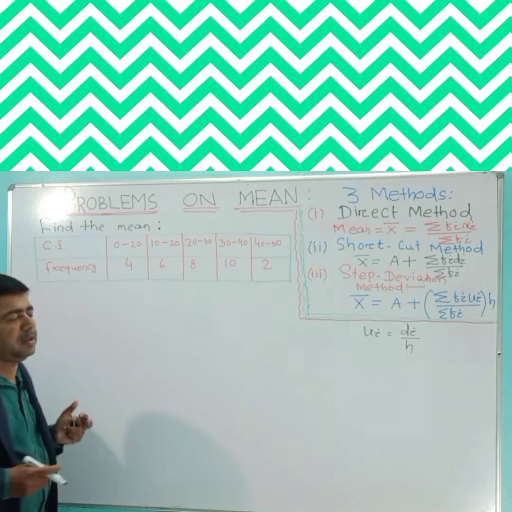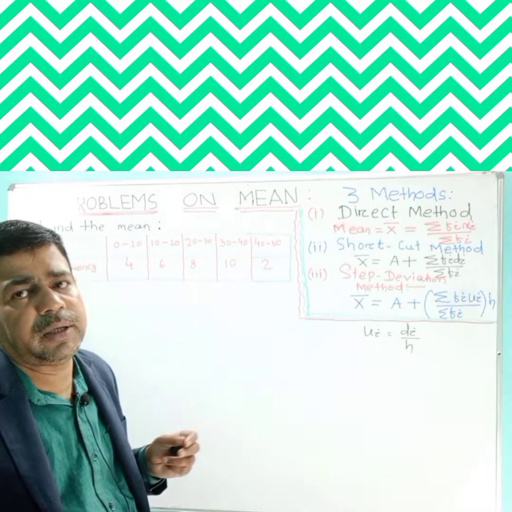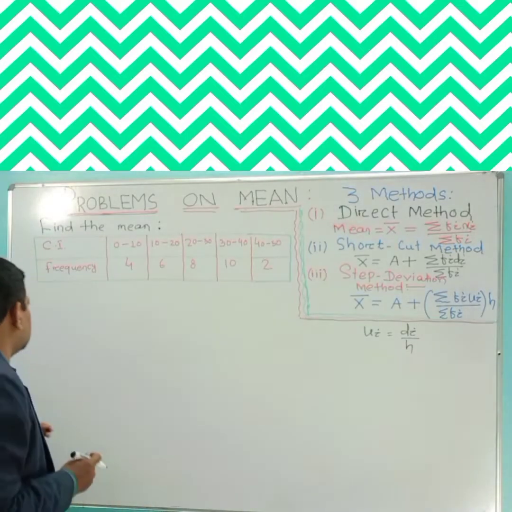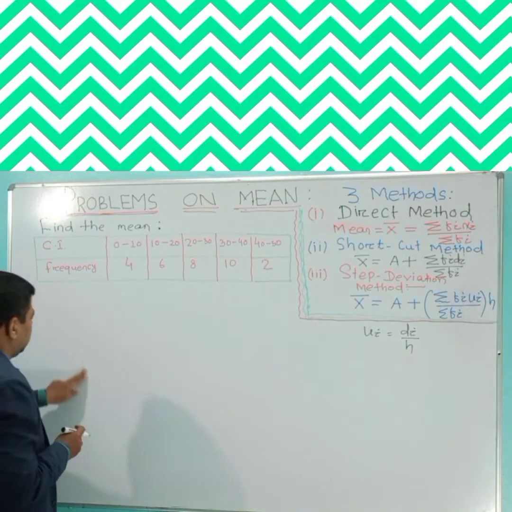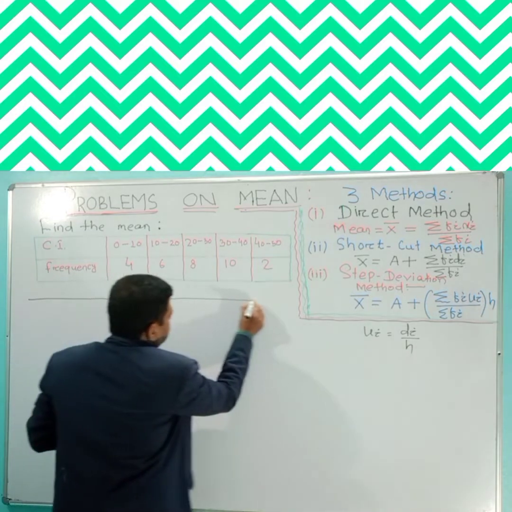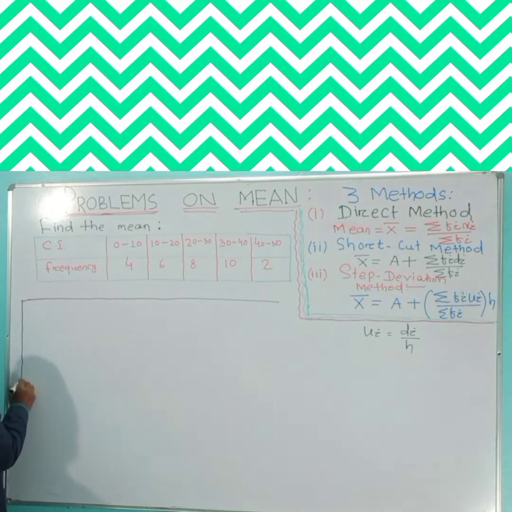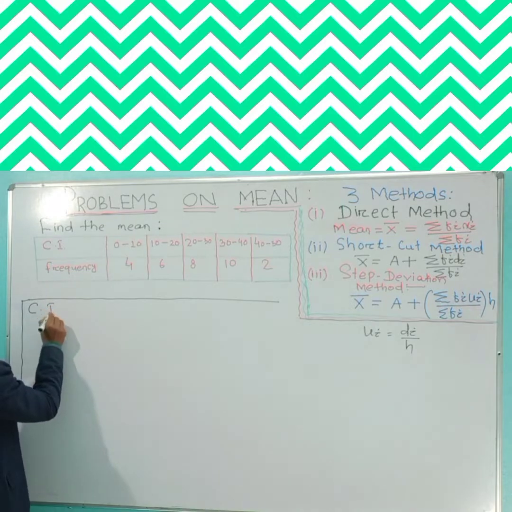Before finding the mean of the given data, first of all we modify the table. This data should be written in a vertical manner. Here, first is the class interval. Ci stands for class interval, all of you know.